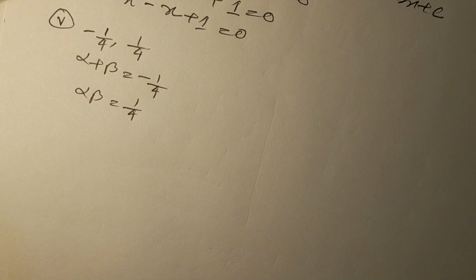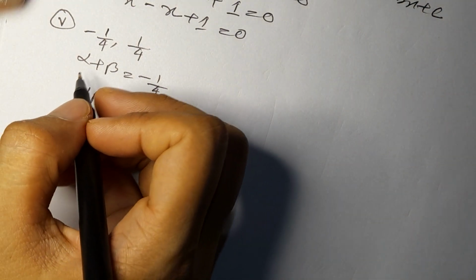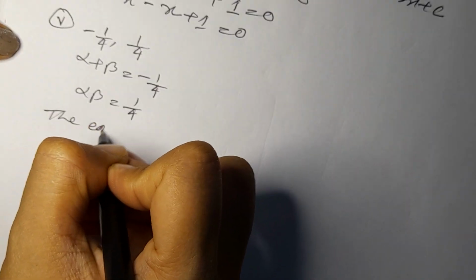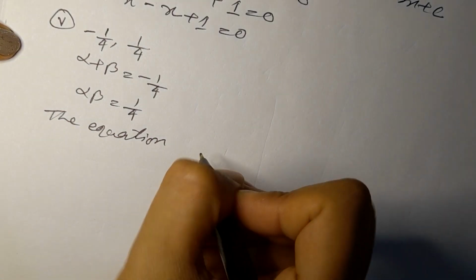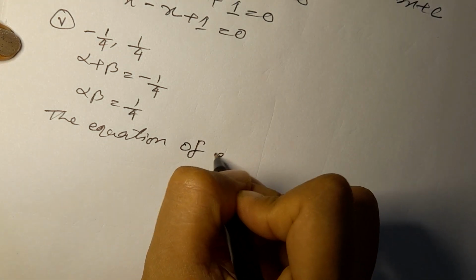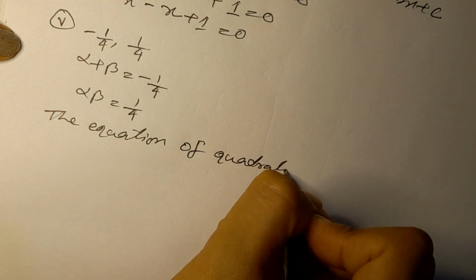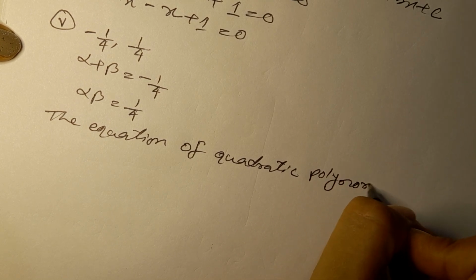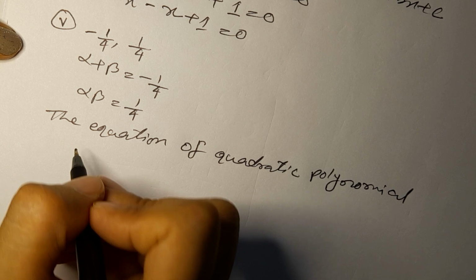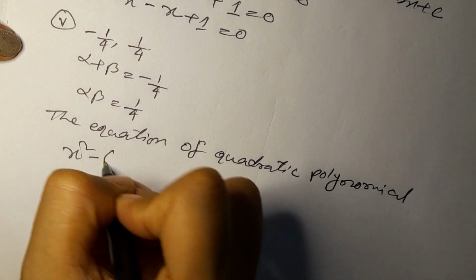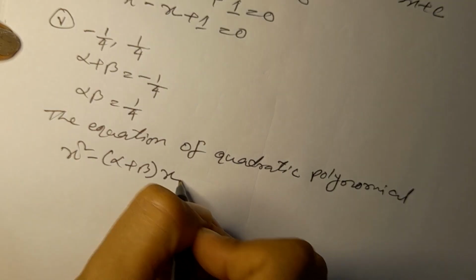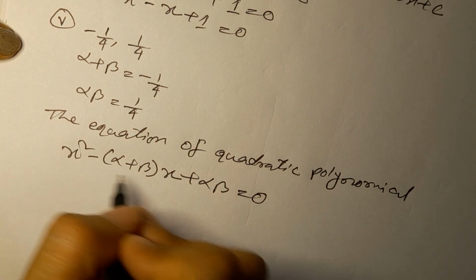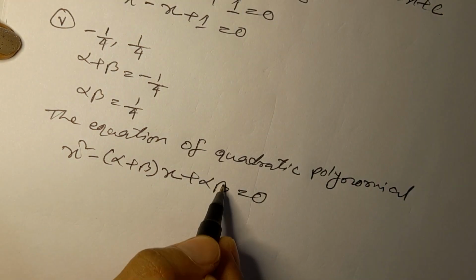Now what is the equation of the quadratic polynomial? It is x square minus alpha plus beta x plus alpha beta equal to 0. Alpha plus beta we have -1/4, alpha into beta we have 1/4.